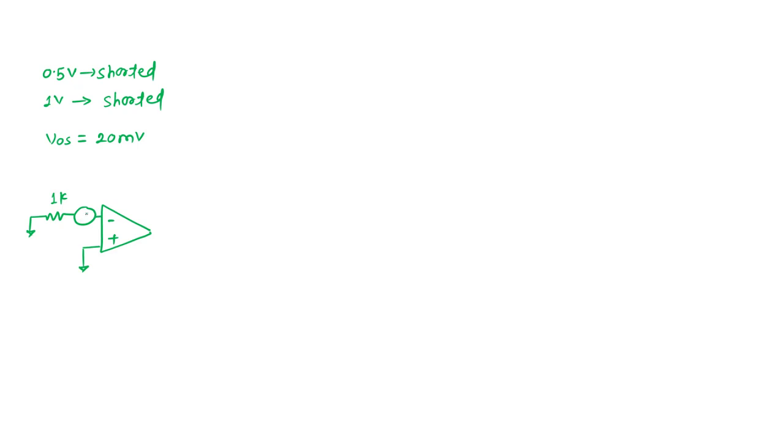This is the only voltage here, and this is 1k. Now I want to see the output due to the offset voltage. The polarity doesn't matter for the offset, but for the time being I am considering it this way, 20 millivolt. So how to analyze the circuit then?